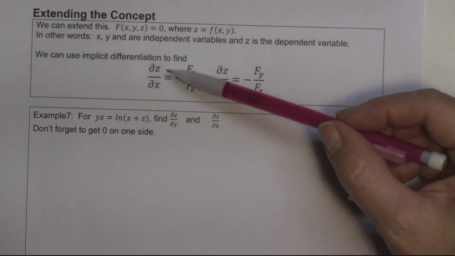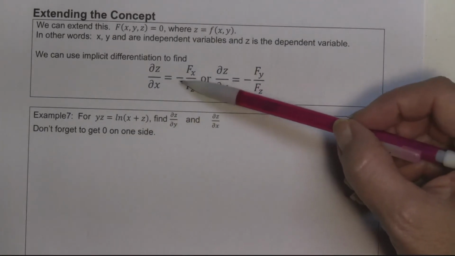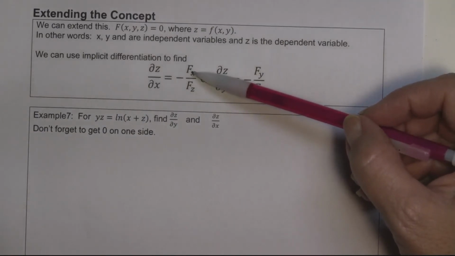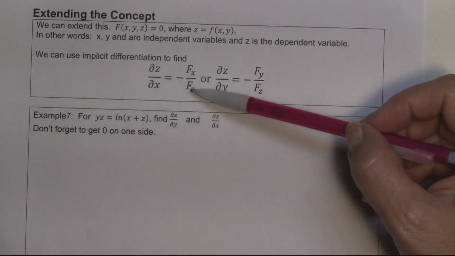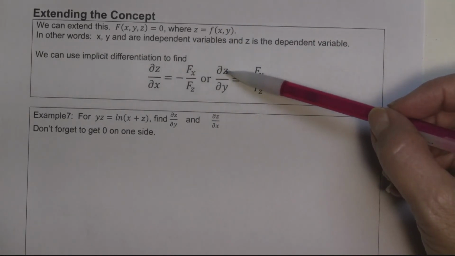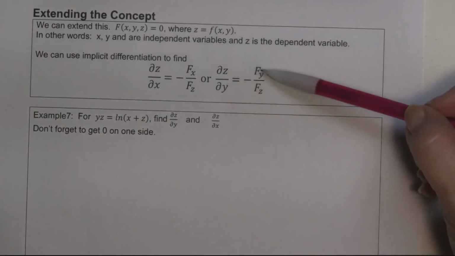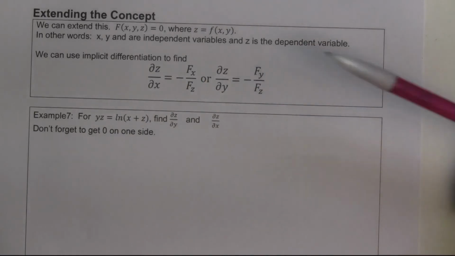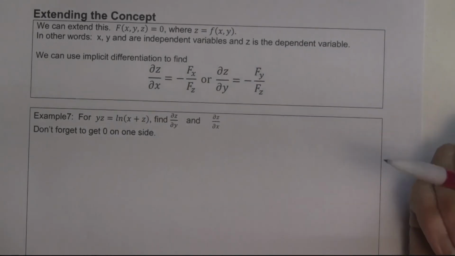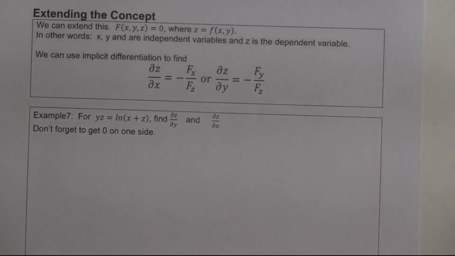If I'm trying to take the partial of z with respect to x, that's going to be negative of the partial of x over the partial of z. And if I'm trying to find the partial of z with respect to y, that is the partial of y over the partial of z, minus of it. Okay, so we're going to try that, but remember 0 on one side. That was the part that you have to be really, really careful of.